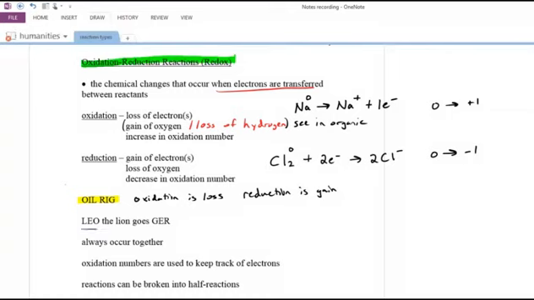Or if you prefer, Leo the lion goes grr. Lose electrons, oxidation, gain electrons, reduction. Now these always have to occur together, because if you lose electrons, something has to gain them.